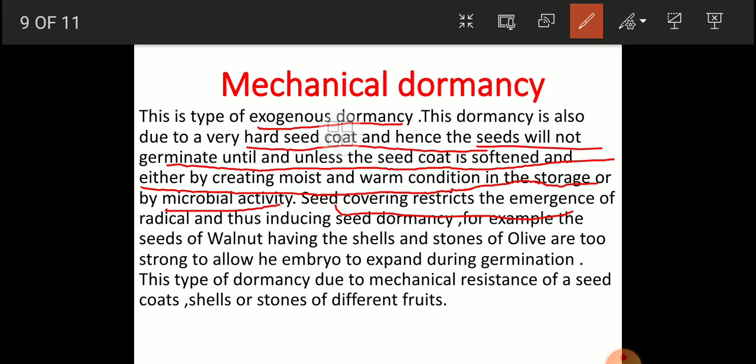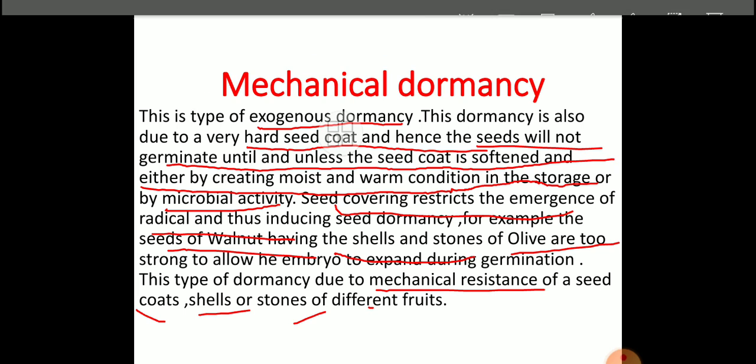The seed covering restricts the emergence of the radicle and thus induces seed dormancy. For example, seeds of walnut, and the shells of stones, olive, are too strong. This type of dormancy is due to the mechanical resistance of the seed coat, shells, and stones of different plants.